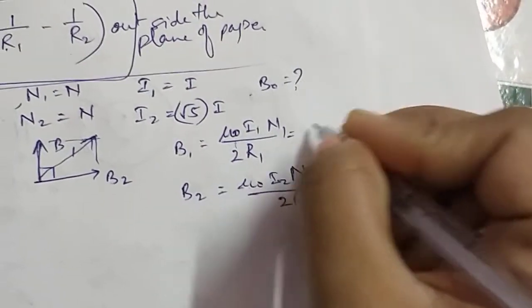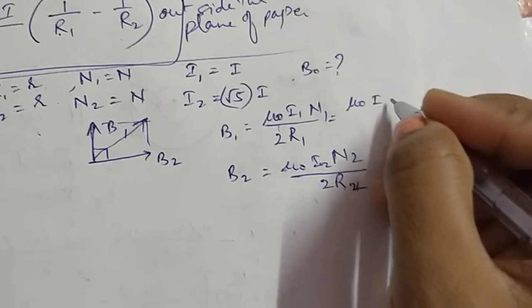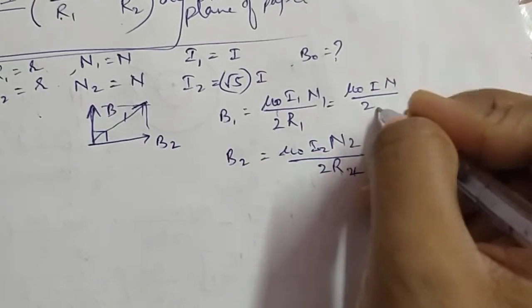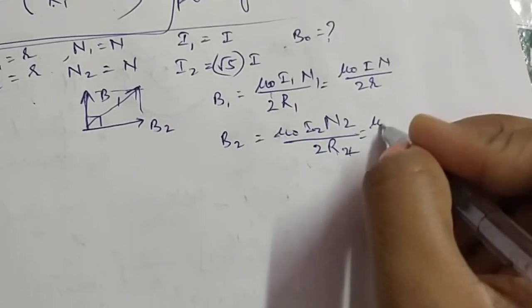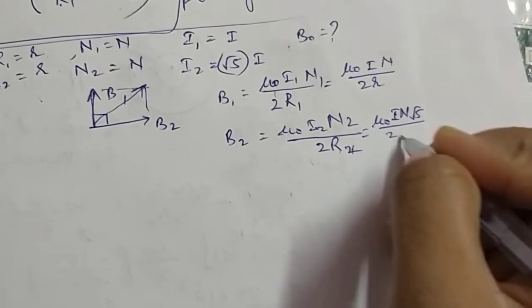So B1 will be mu naught I N upon 2R, and this is mu naught root 5I. So I N फिर root 5 लिखती हूँ upon 2R.